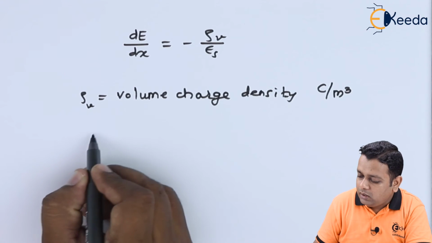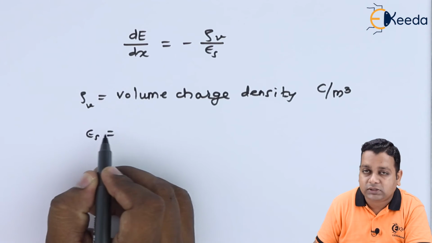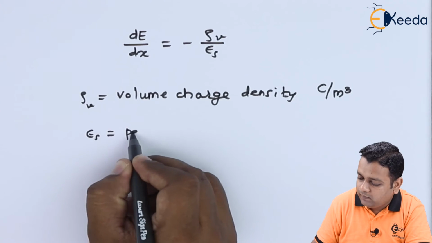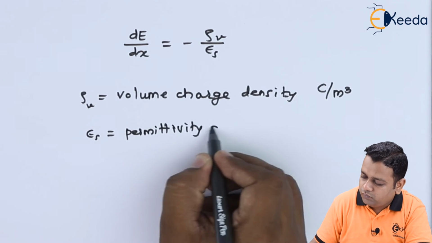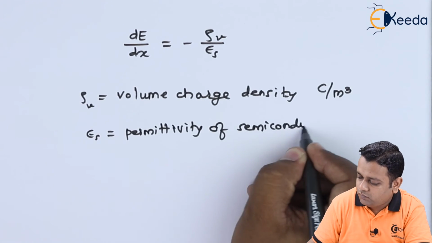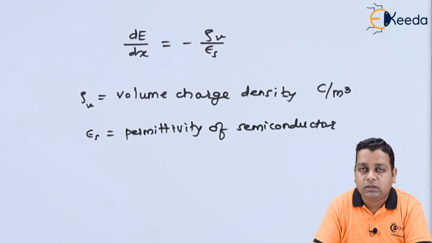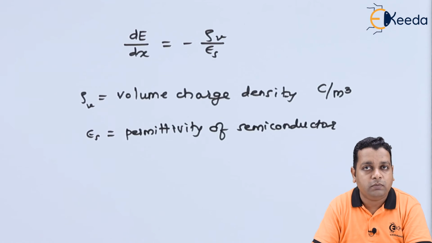And here we have epsilon suffix s, the permittivity of the semiconductor material. This permittivity of the semiconductor material is measured in farads per meter.